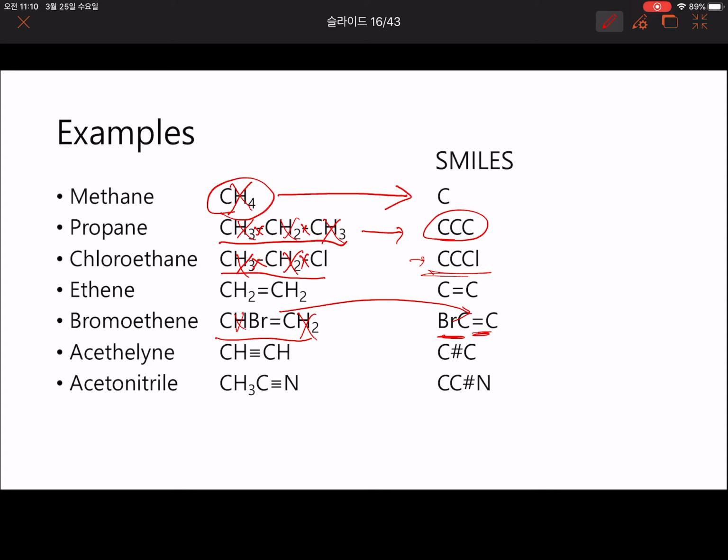And if you look at acetylene, it has a triple bond in the middle. The triple bond is represented with a sharp symbol, and acetonitrile can also be written like this. The hydrogens are ignored, but the triple bond and nitrogen should be kept. From these examples, you can easily see how SMILES representations work.